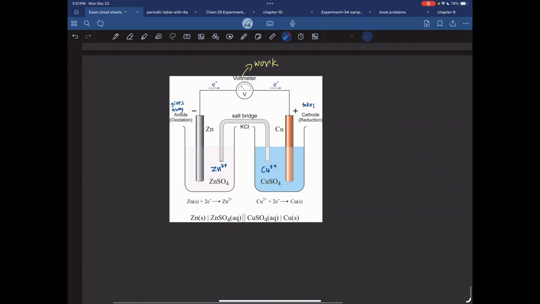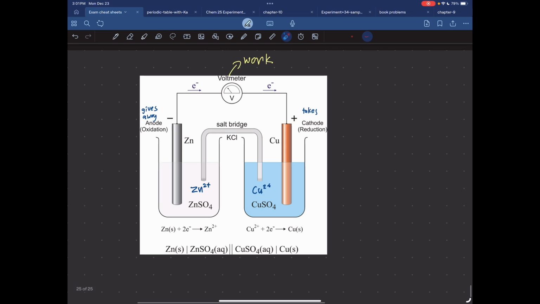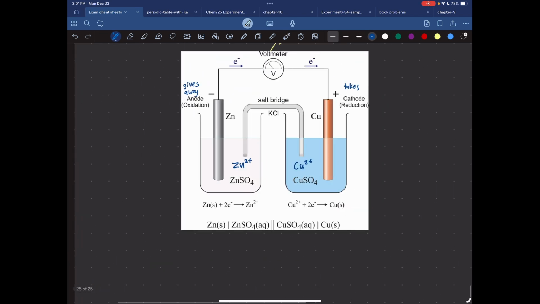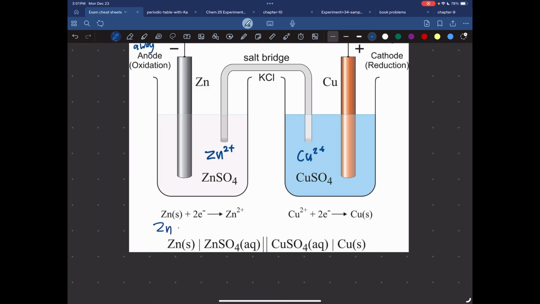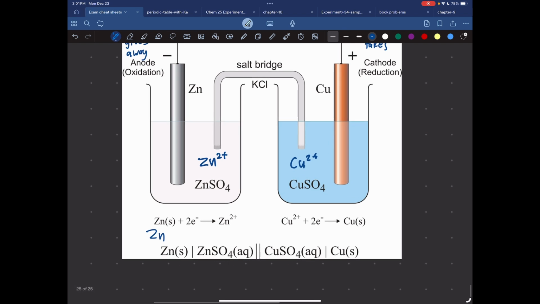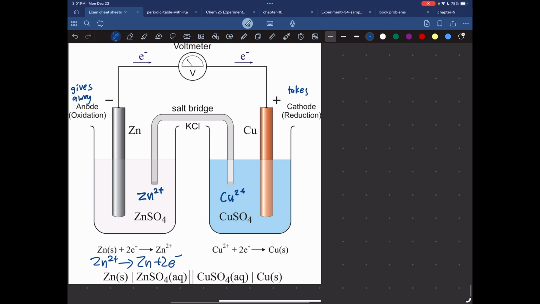And okay, here's the summary. You've reached the end of the video. So zinc gives away electrons to copper, which takes electrons. So the zinc solid gives away 2 electrons, and the copper ion takes those electrons to make solid.